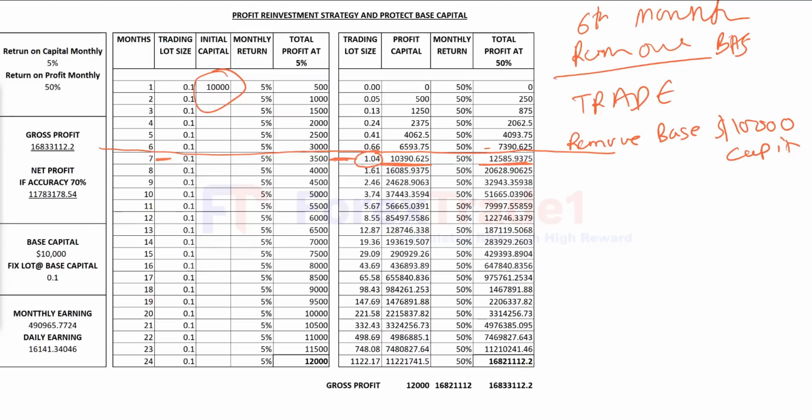So you won't require it, but here we have calculated it in these calculations considering you using your initial capital till the end of the 24 months.